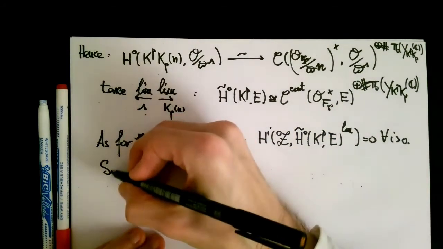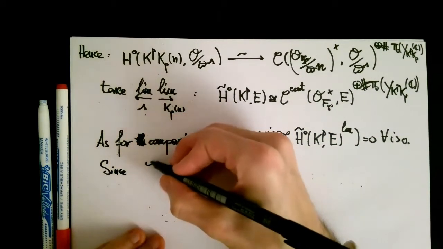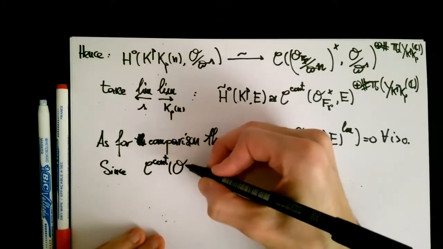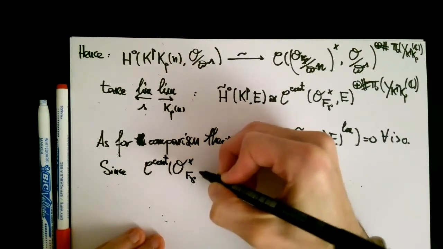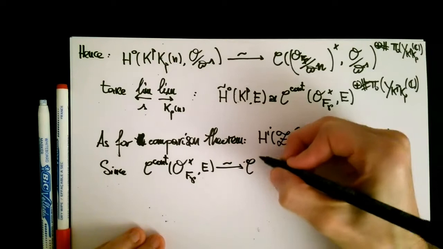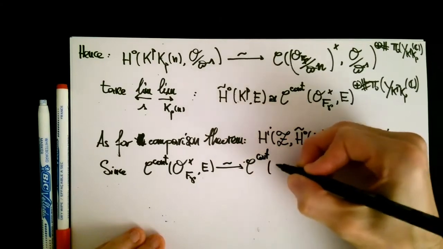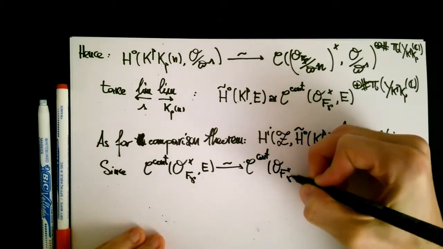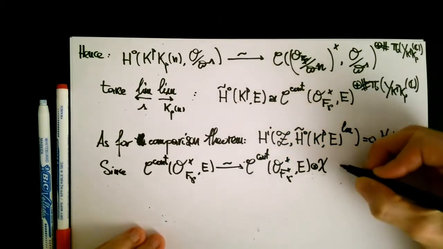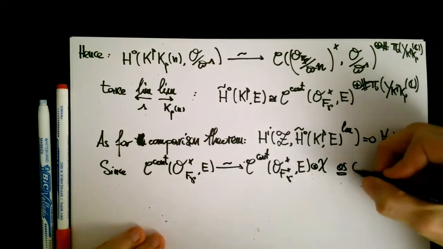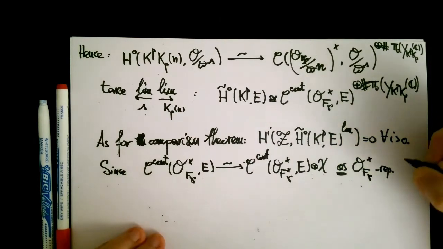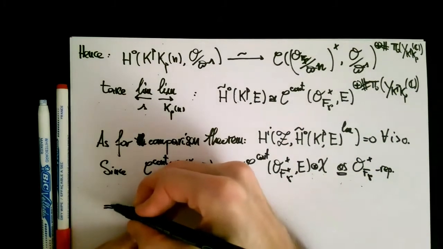So since C continuous of O_F cross is isomorphic to C continuous of O_{F,p} cross E times chi as an O_{F,p} representation, we get what we wanted.